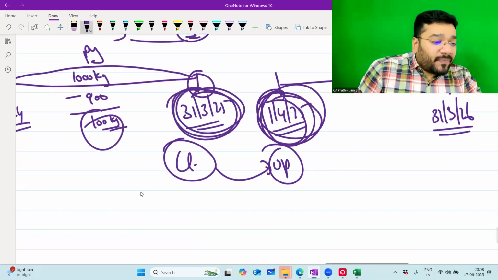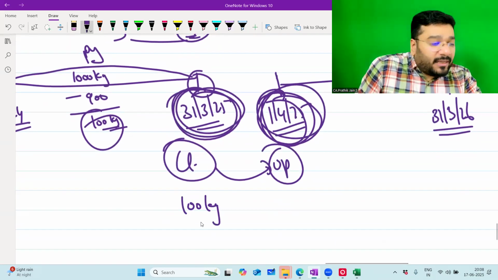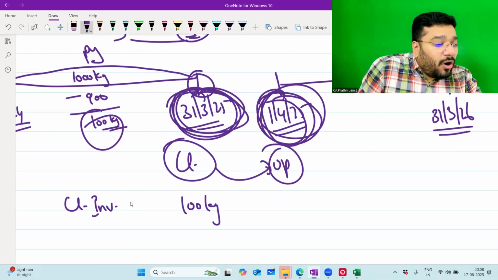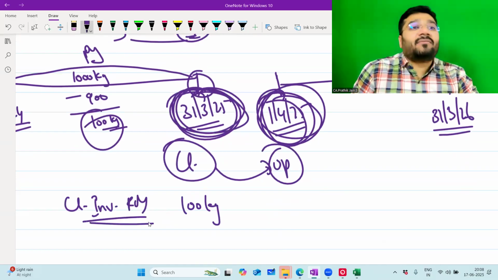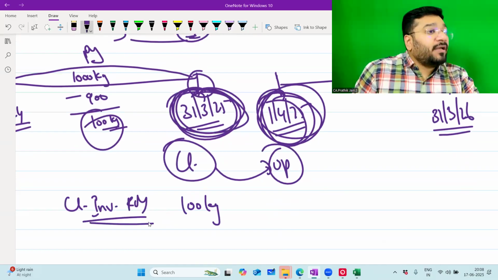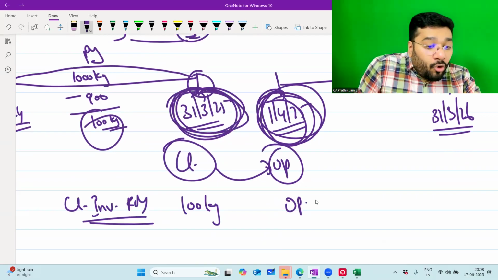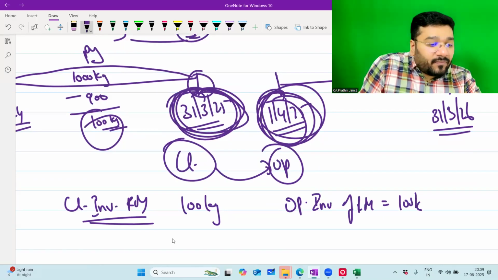If 100 kg of raw material is lying in my business as on 31/3/25, we call this closing inventory of raw material. The same 100 kg on 1/4 becomes opening inventory of raw material, which is 100 kg.